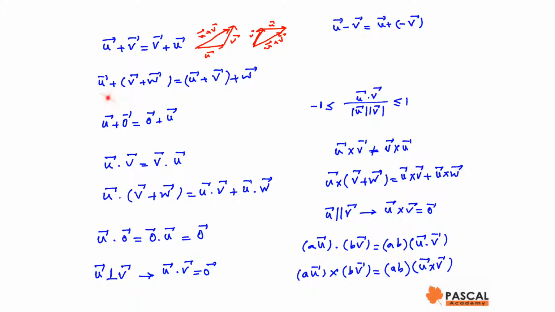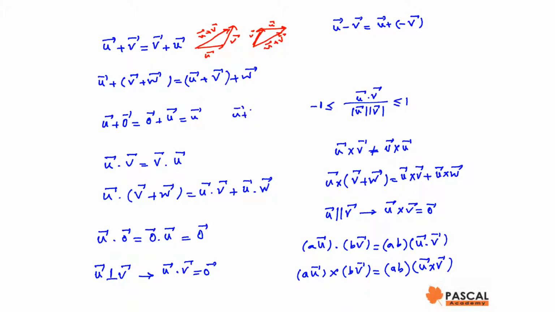Addition of three vectors is associative. U plus v plus w is u plus v, the result, plus w. This can be proved by a diagram too, geometrically. U plus 0, 0 plus u, and u are always the same.